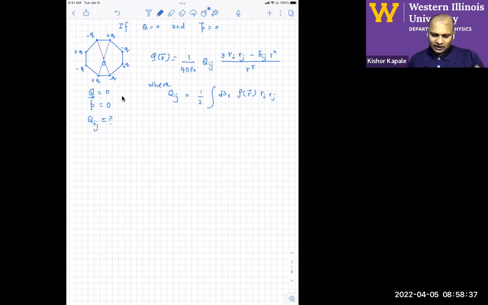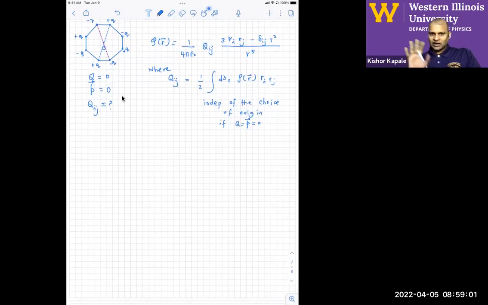And this turns out to be independent of the choice of origin. The value does not depend on the choice of origin if Q and P both are 0. Okay, that's important. If one of them is not 0, then your quadrupole tensor, which is what the name of this is, right?